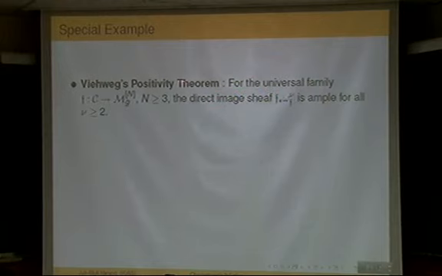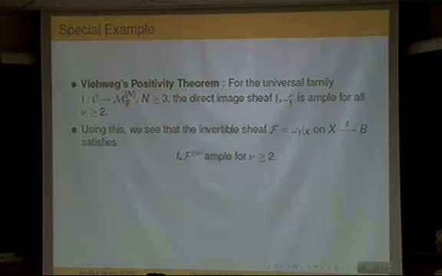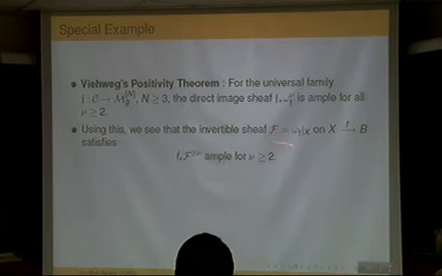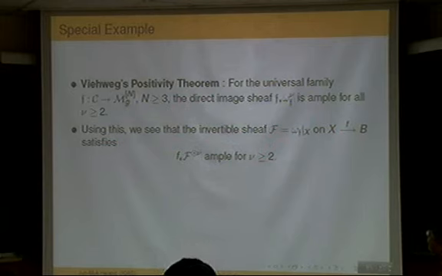So this is the simplest case: when you have a universal family of curves, the higher direct image sheaf is ample as a vector bundle if nu is at least 2. And using this, we can show that this sheaf F, the relative dualizing sheaf, satisfies that this is ample.